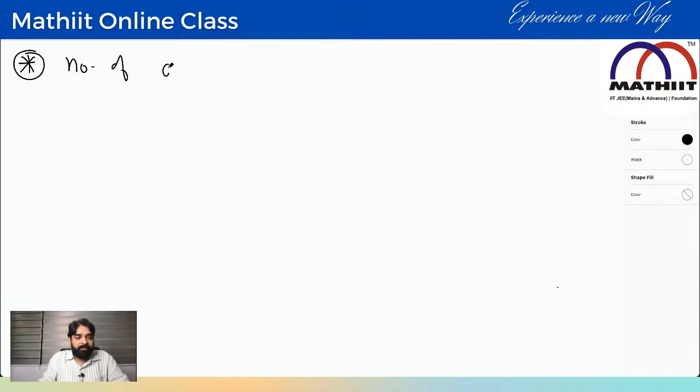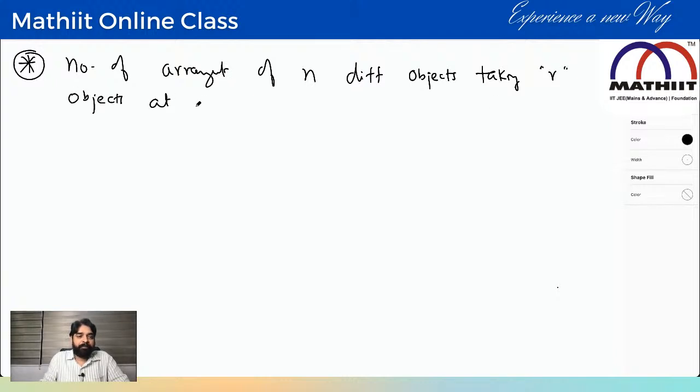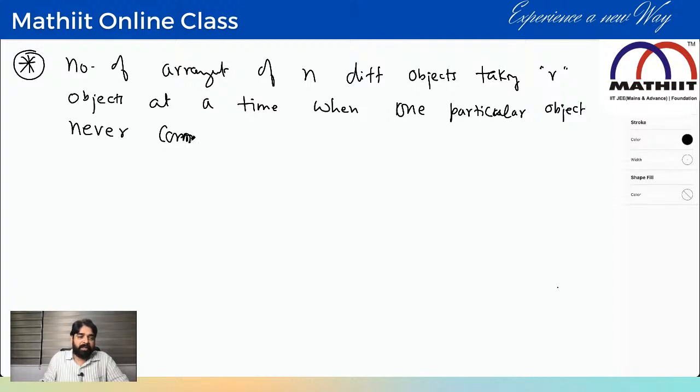Number of arrangements of n different objects taking r objects at a time when one particular object never comes in any arrangement.